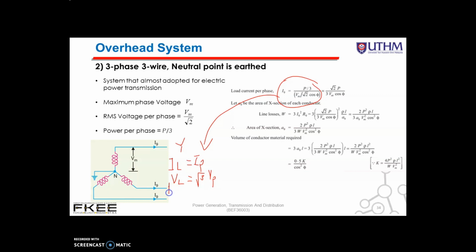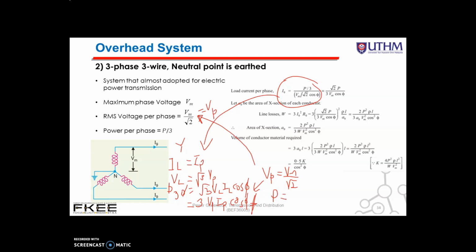Then we know that the three-phase power P is root 3 V line I line cos phi, or we can also write the formula 3 V phase I phase cos phi. In this equation we use this formula. We know that in this system the V phase is Vm over root 2. So you just substitute this one in this formula.